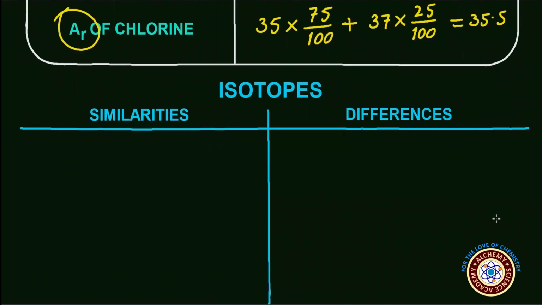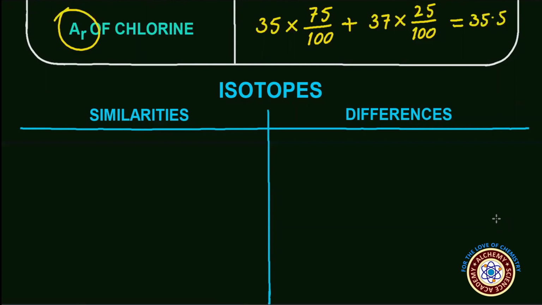Now the question arises: do isotopes have something similar, and how are they different from one another? The answer to this question is that isotopes have some similarities, and they also differ in certain respects from one another. Now let us first see the similarities.